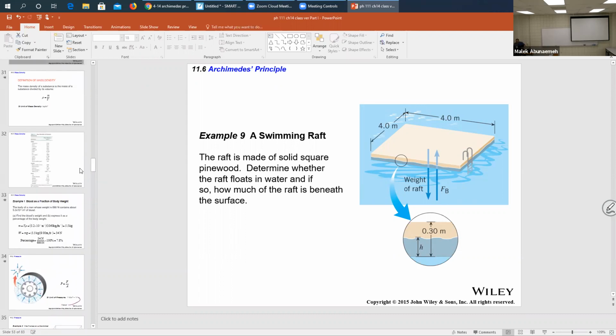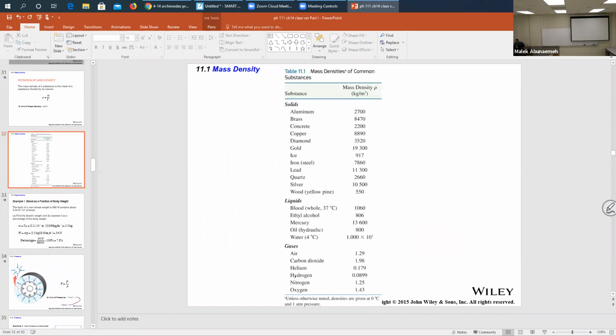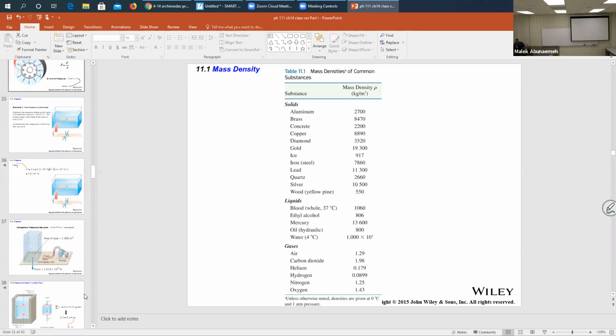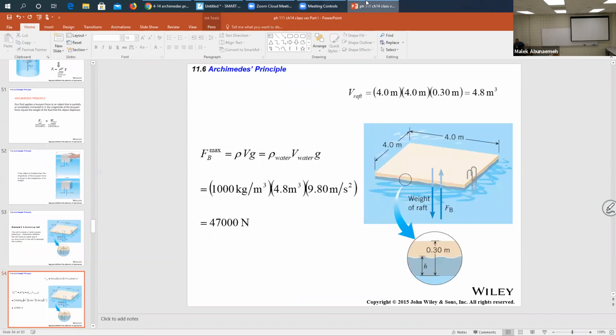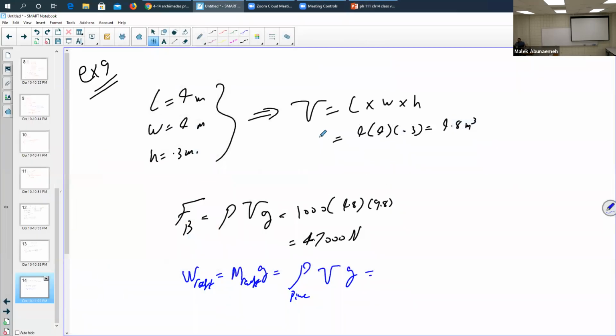Now, the density for the pine wood, where is our density table? The density for the pine wood is 550 kilograms per meter cubed.